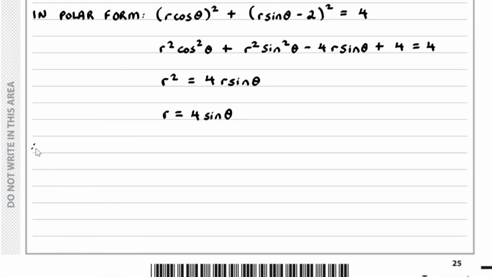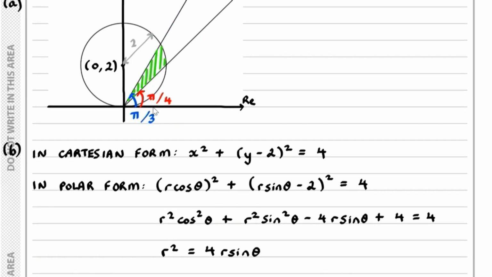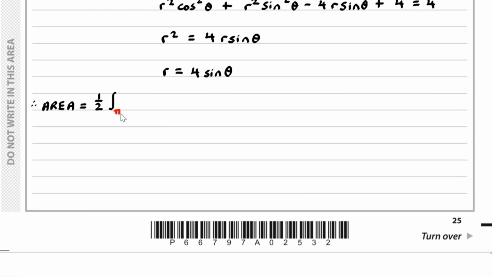So therefore, the area we require can be found by integration. We've got 1/2 lots of the integral from pi over 4 to pi over 3 of r squared, so that will be (4 sin theta) squared d theta. 4 squared is 16, times that by 1/2 we get 8.